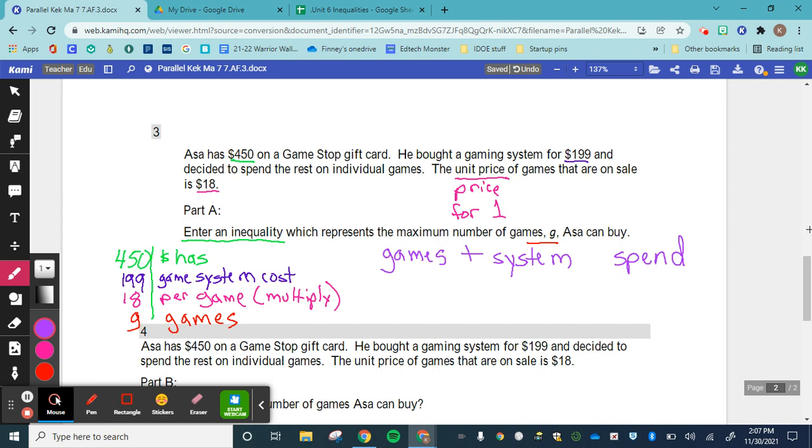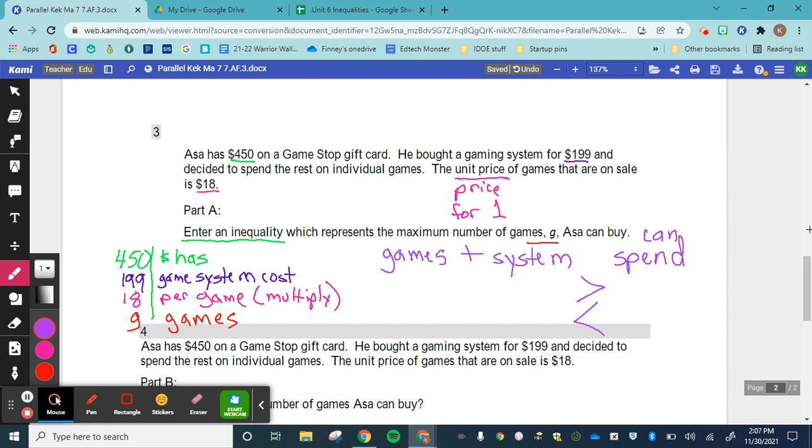So if we're going to write an inequality, we have to think which one is going to be bigger and which one is going to be smaller to know which inequality symbol I would use. So I have to think this is how much money he does spend, and this is how much money he can spend. So just logically, he has to spend less than he's allowed.